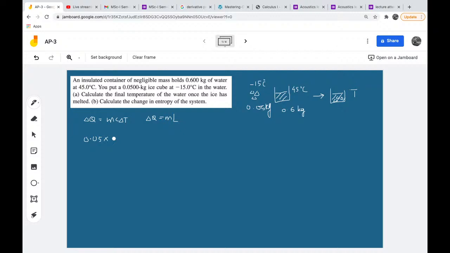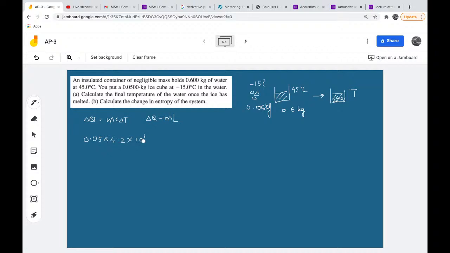So again, 1 calorie per gram, which I want in joule here. So it will be 4.2 into 10 power 3 joule per kg.